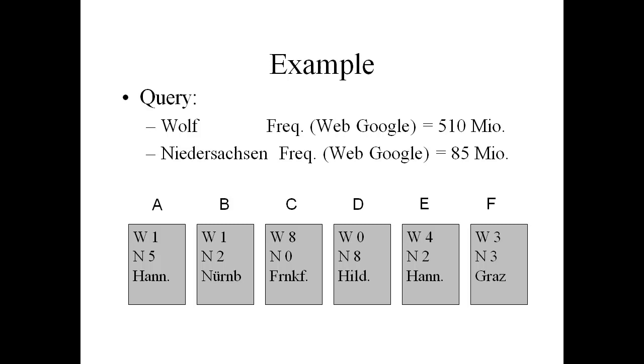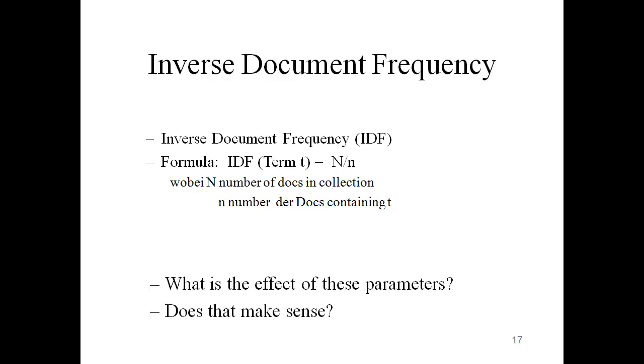I don't want the whole collection as an answer. What was it called? Inverse document frequency. Yes, just back. It should be high in the document, but not in the collection.